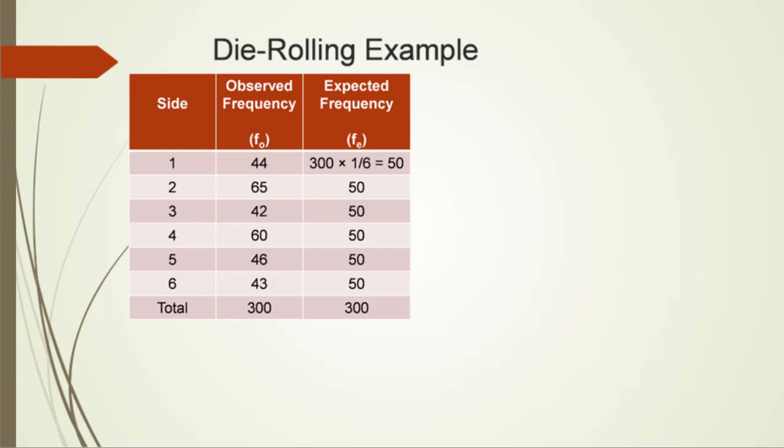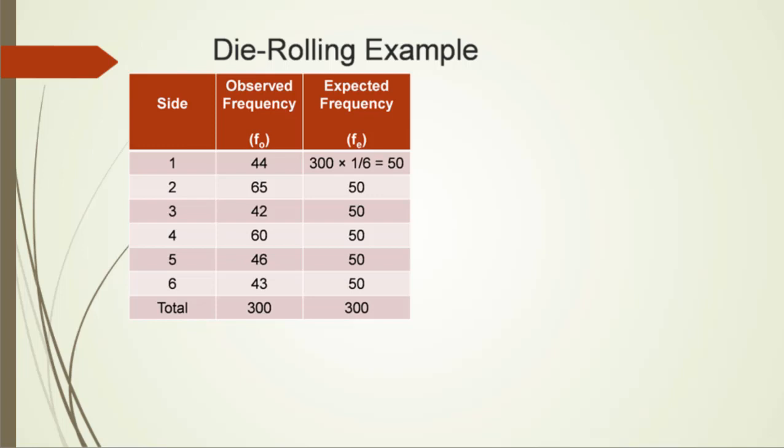We will use the following table to measure the difference between observation and expectation. The observed frequencies were given to us in the example. The expected frequencies are just what we expect to get if the null is indeed true. If the null is true, we would expect 1/6 of 300 rolls would turn up to be side 1, that is 300 times 1 over 6, that is 50.